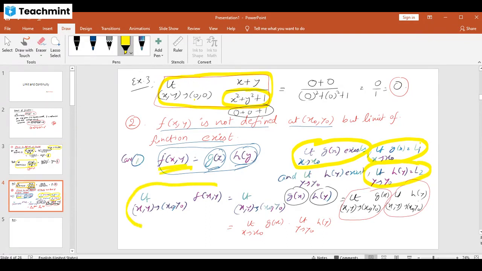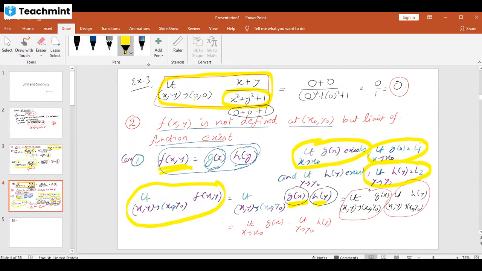How do we solve this particular problem? Firstly, we'll try to split this function as a product of two functions where one function depends upon x only and another function depends upon y only. And then we apply the limit to the product of two functions as a product of their limits.